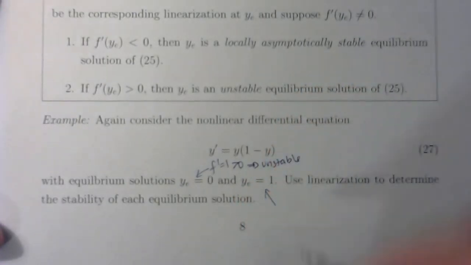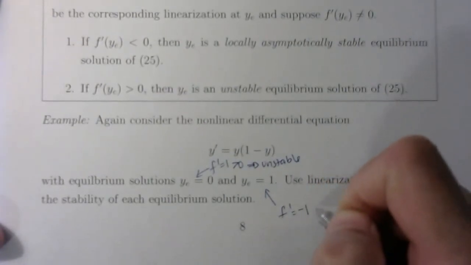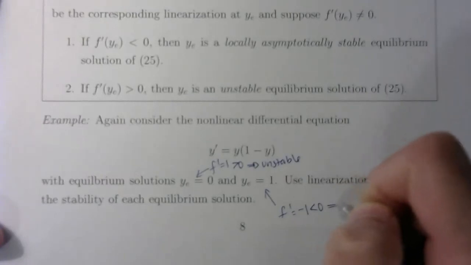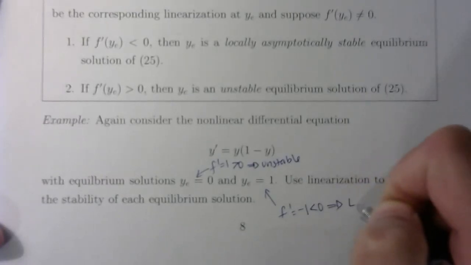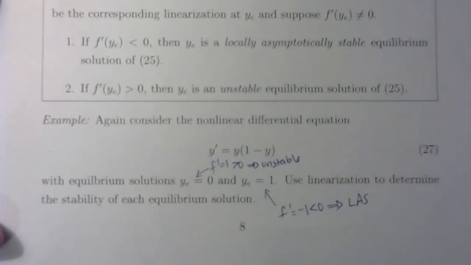And at 1, we had f prime equal to -1, which is less than 0, which implies a locally asymptotically stable solution. Okay, I'm going to stop the video and we'll come back and do one example.